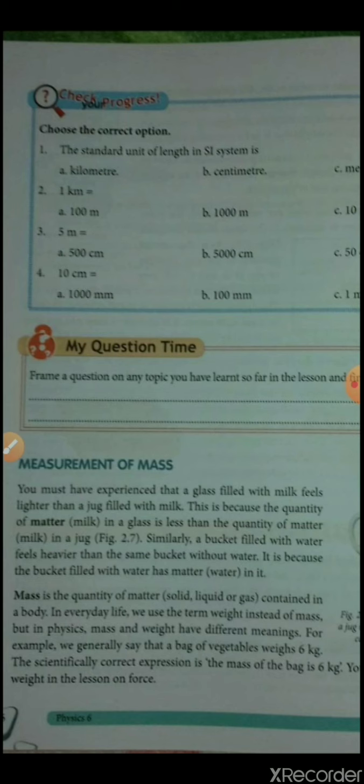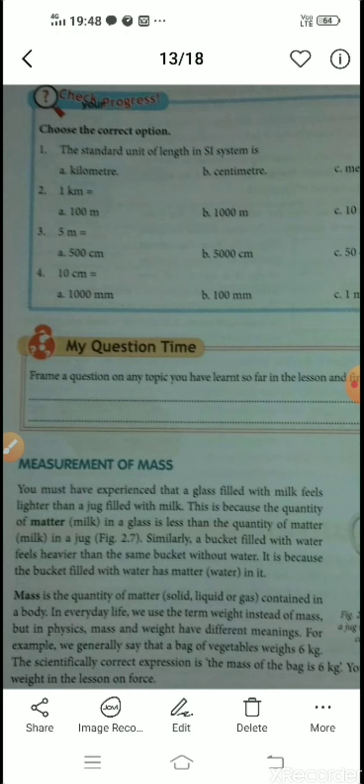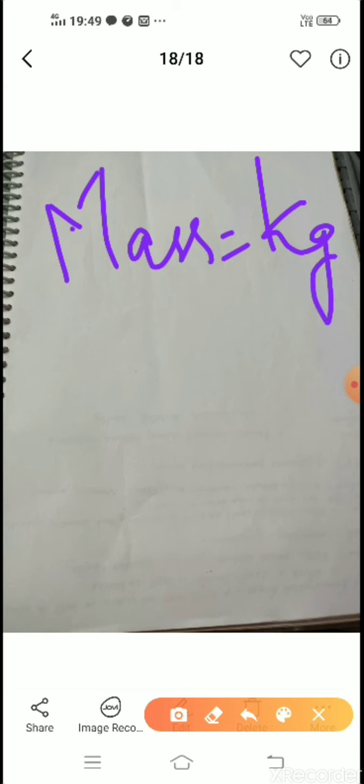The SI unit of mass is kg. The SI unit of mass is what? Kg. What we usually do is tell the weight of an object in kg, but that is wrong. In physics we won't use kg as the SI unit of weight. The SI unit of weight is not kg. Only for mass will we use the unit kg.